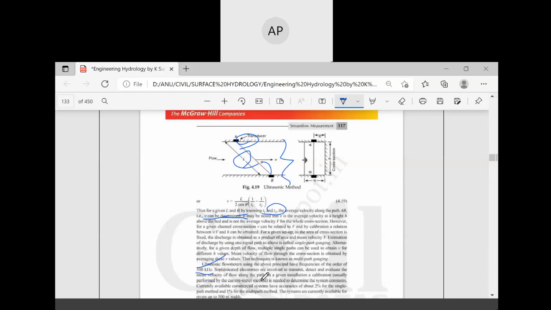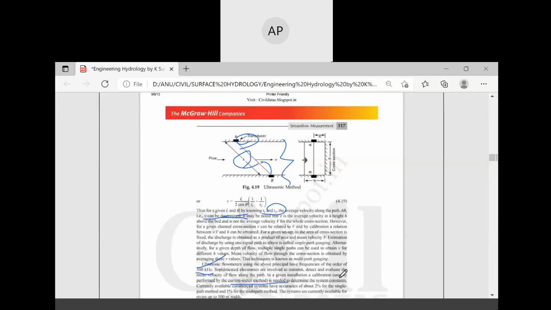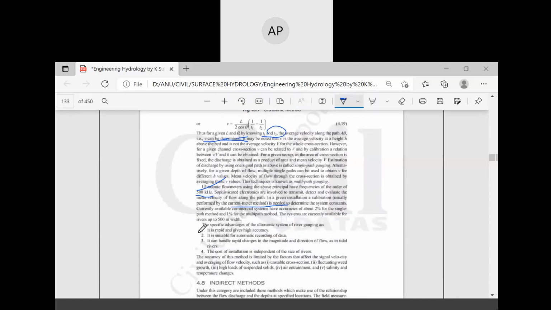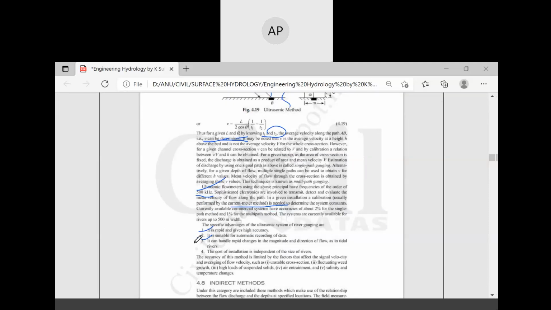In a given installation, a calibration performed by the current meter method is needed to determine the system constant. The specific advantages of the ultrasonic system are that it is rapid and gives high accuracy. It is suitable for automatic data recording. It can handle rapid changes in the magnitude and direction of flow as in tidal rivers. The cost of installation is independent of the river size.